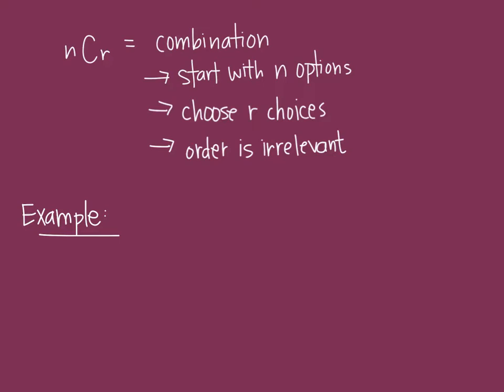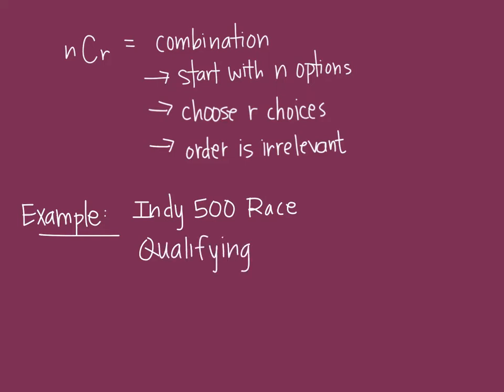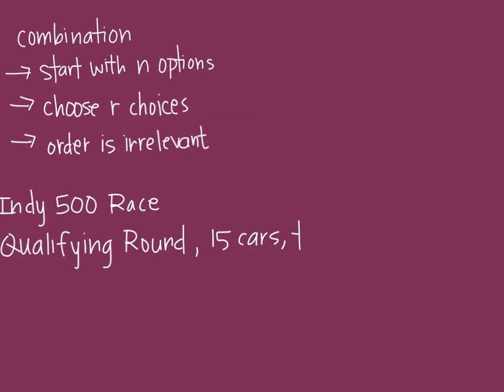So let's talk about a car race. For example, let's pick a real famous one, the Indy 500 car race. In the qualifying round, there might be 15 cars on the track, and the top 3 qualify to move on.